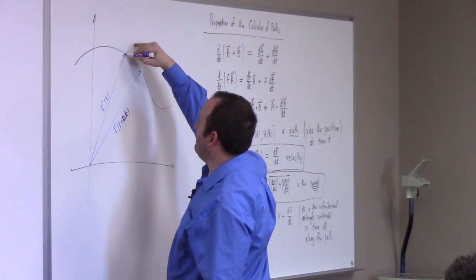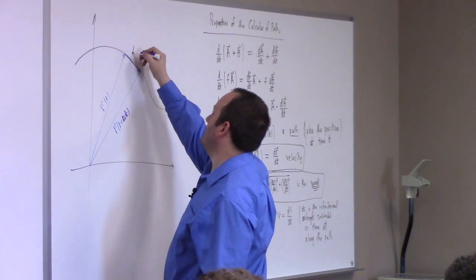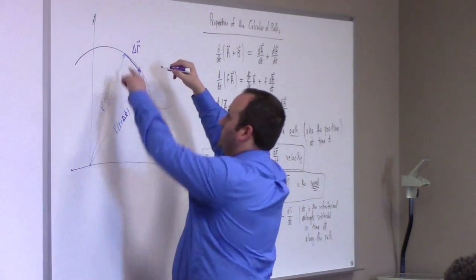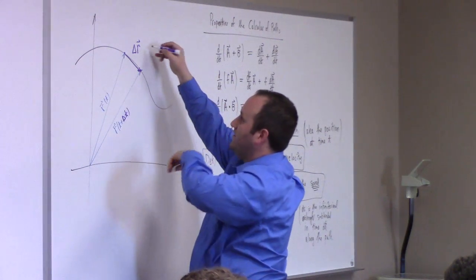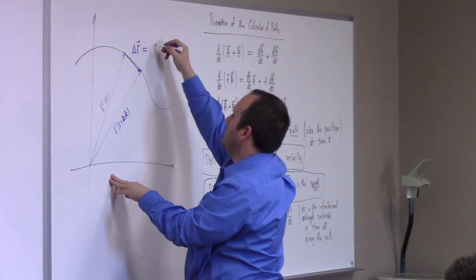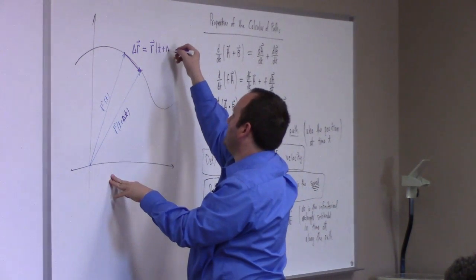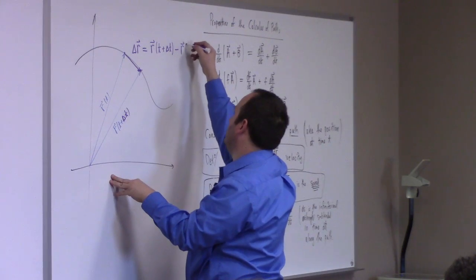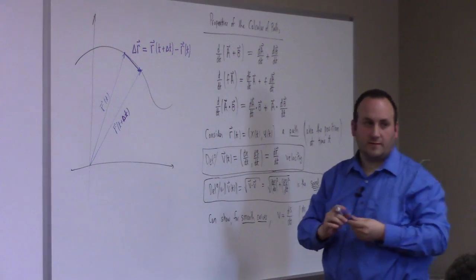Then this right here we could call the change in the position from this point to this point on the path. And what would that be? That would be equal to r of t plus delta t minus r of t.